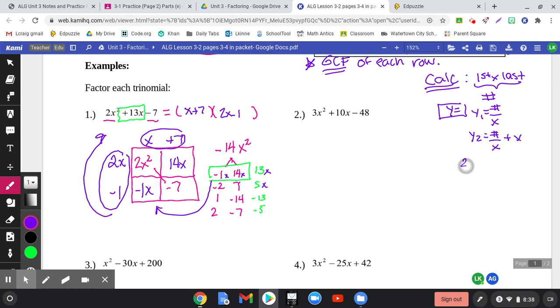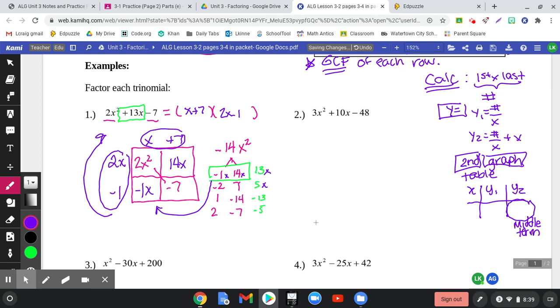And then when you go to the table, by hitting second graph, you're going to see 3 columns. And what you're looking for is that middle term right here. Just like we did over here. Just like we did here. So we would be looking for 13, and you're going to see negative 1 and 14 in your table.